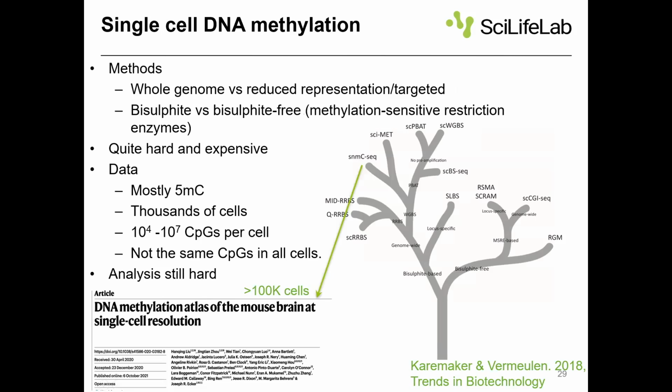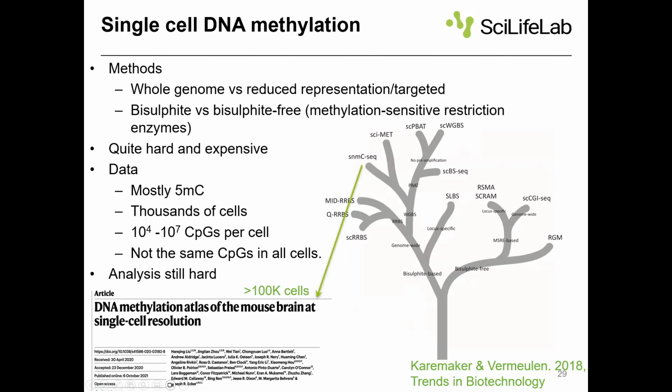This paper is a bit old, but already many years ago, this tree describes different methods for doing single cell DNA methylation studies. You have the bisulfite sequencing based methods, and you have the bisulfite-free methods, which for example use restriction enzymes.